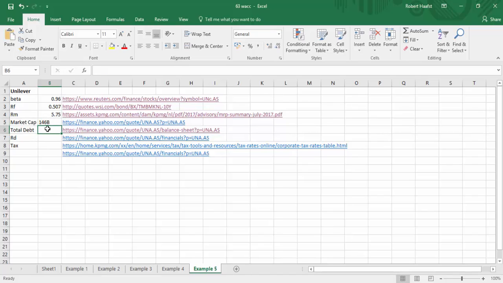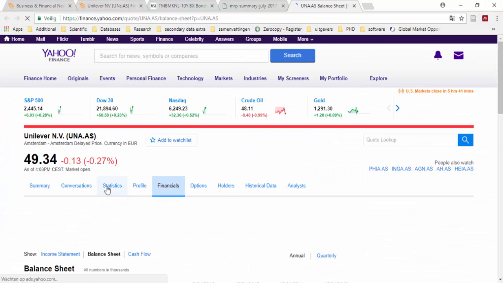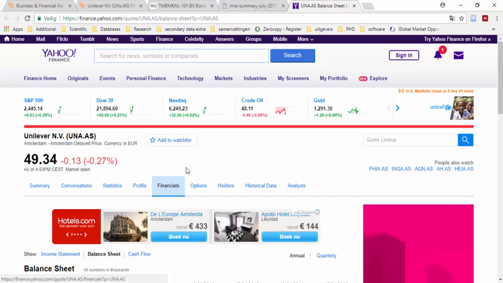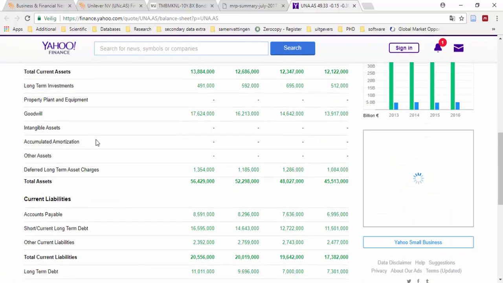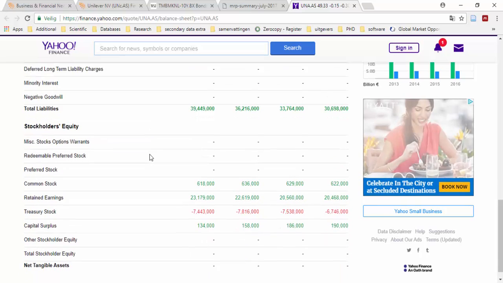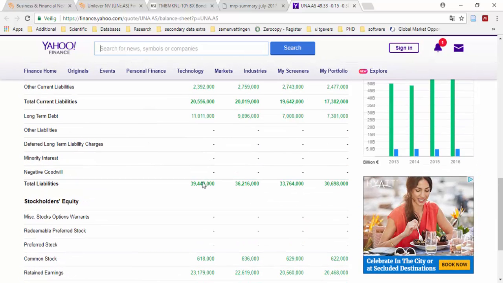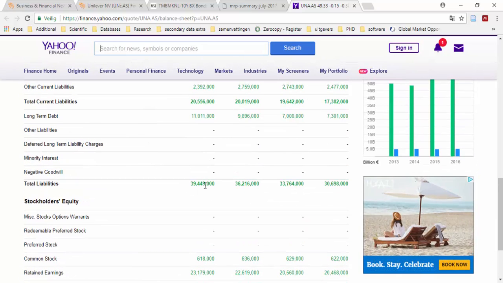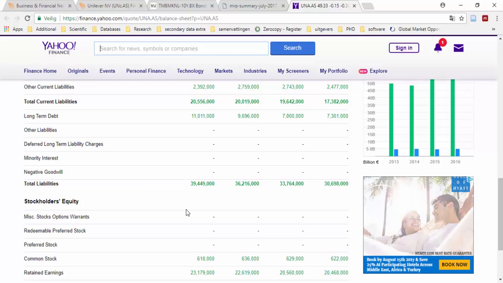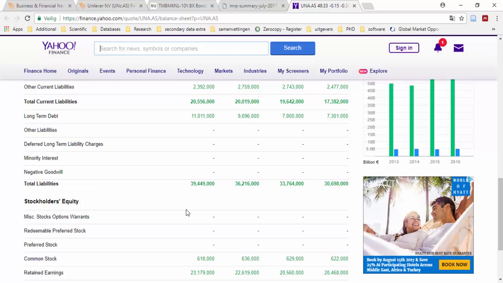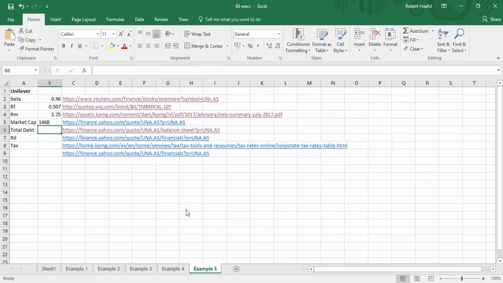For our total debt, we go to Yahoo Finance, same company, Unilever again, and we have it on their balance sheet here. Their total debt is 39 billion, so 39.449 billion.